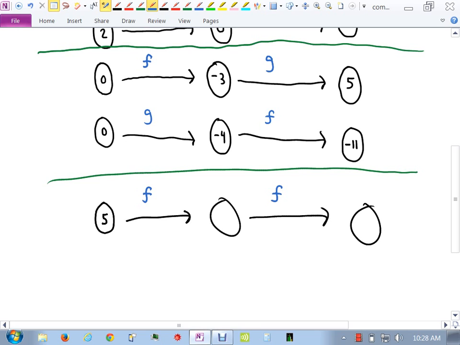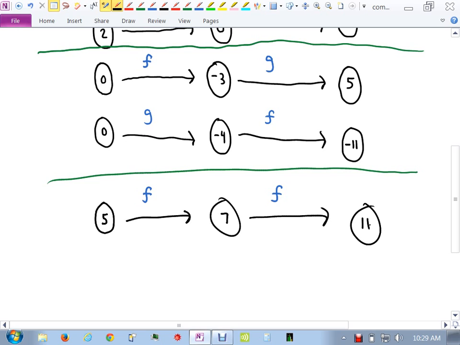So what would happen if I give F 5? 7? Now take that answer, put it right back through the function again. 2 times 7, take away 3, 11. You see that? And there's nothing that says I couldn't send it back through again and have a third arrow going.